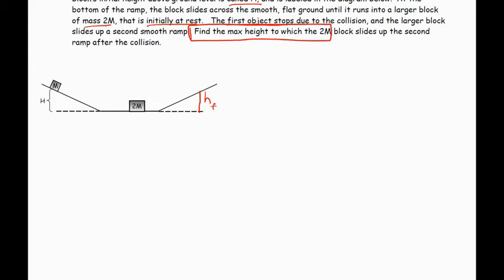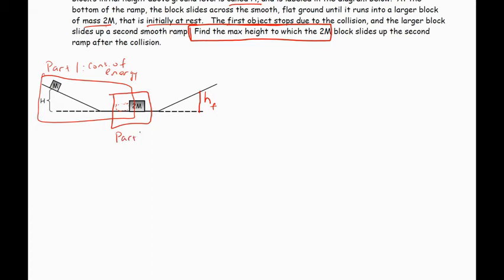So I need to break this up into sections. My very first section is going to be right here, and this is part one. Part one is going to be conservation of energy because there's no collision yet. Then when this block gets down here, I have my m, right here, I have part two.